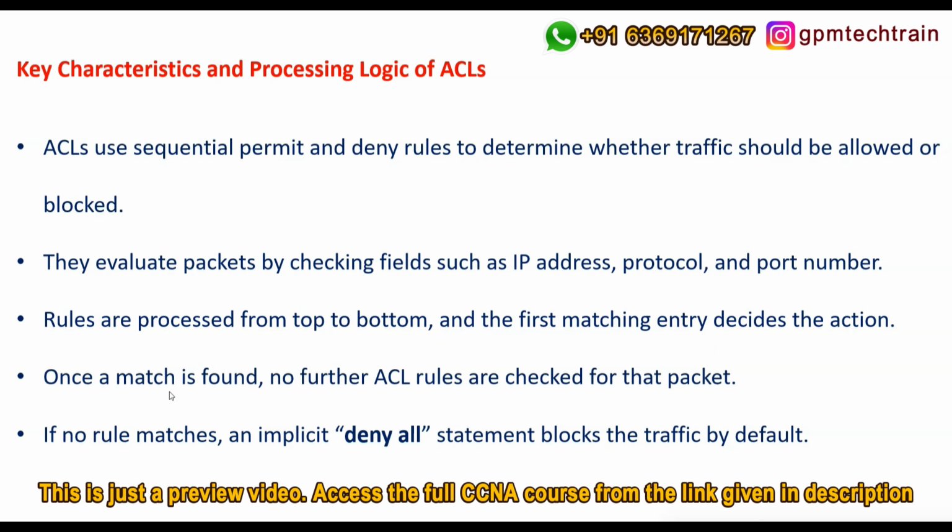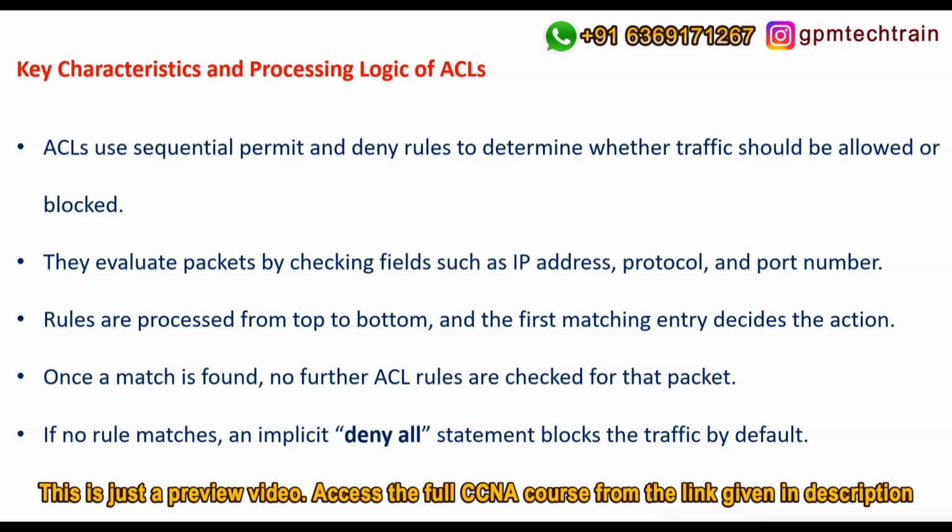If it compares with all the rules and there is no match, then by default, whenever you create any ACL, the last rule is an implicit deny all. Say you have defined 10 rules. When a packet comes in, it is matched from 1 to 10, top to bottom.